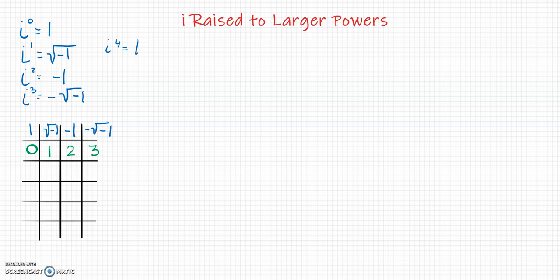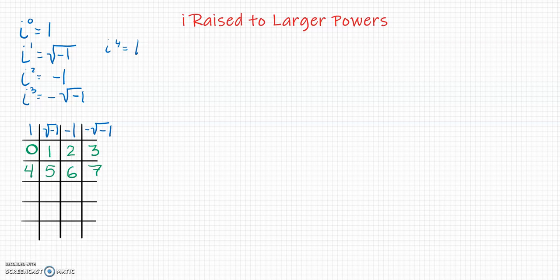So in green are my exponents. If we filled in this chart and continued this sequence, that means i to the fourth, the answer is 1. i to the fifth, the answer is square root -1. i to the sixth, -1. i to the seventh, negative square root -1.